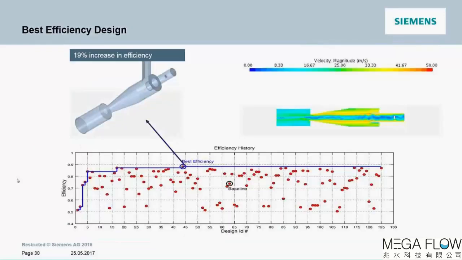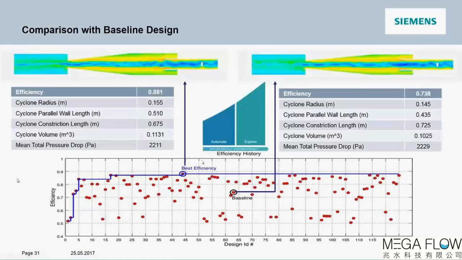From the baseline design to the best design, the efficiency increases from about 74% to 88%, while the mean total pressure drop is maintained more or less the same. So utilizing this automated process helps you find a better operating cyclone or improve the performance of the cyclone in a very easy-to-use manner.